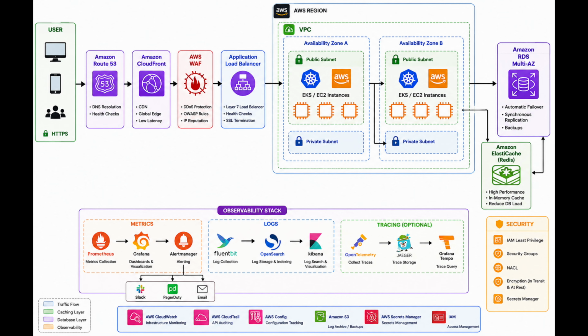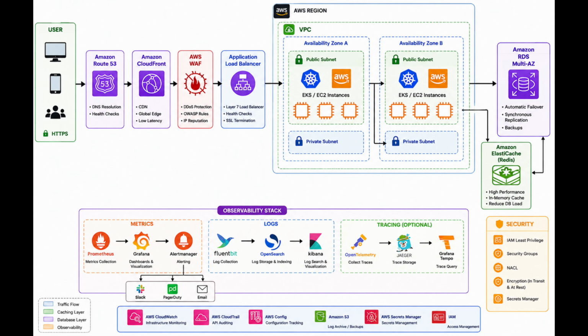Now I'll talk about the backend part of the application. So now suppose in this example, we have a backend application layer as well. Just assume that our backend application layer is hosted on EKS for container orchestration. So in this case, we would want automated scaling, rolling deployments, and self-healing capabilities also. Then we can also utilize Redis.